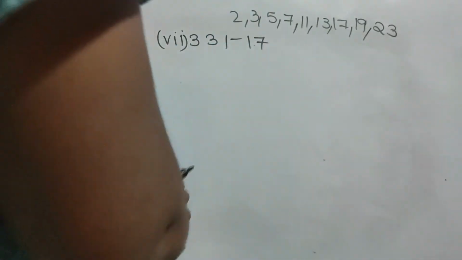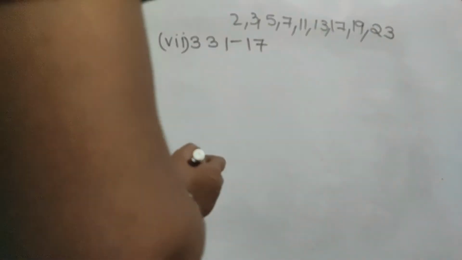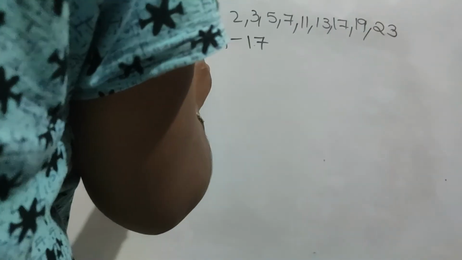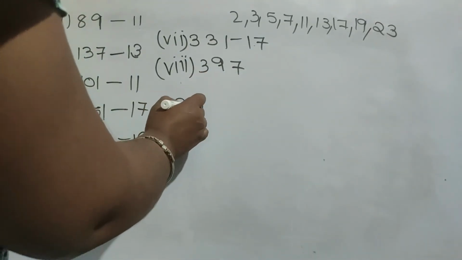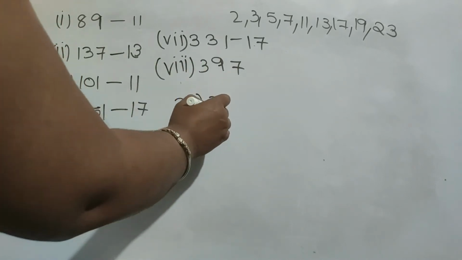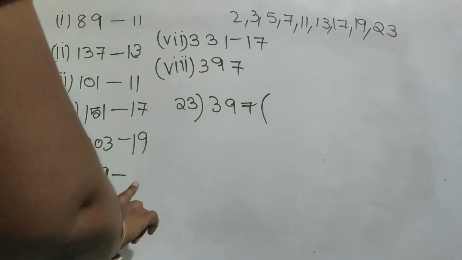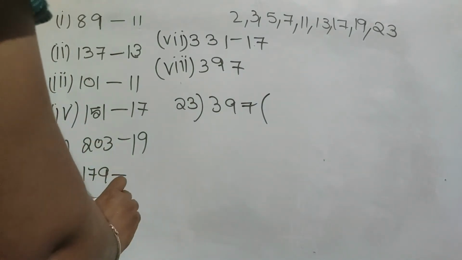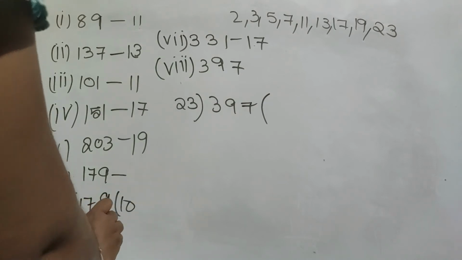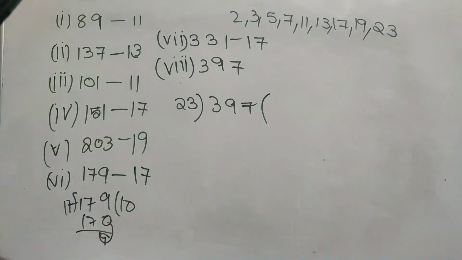Now the last question of this exercise, 397. Let us see with 23. We can make it as 179 divided by 17, which is 10 times 170, and 9 is the remainder. So this will be 17.